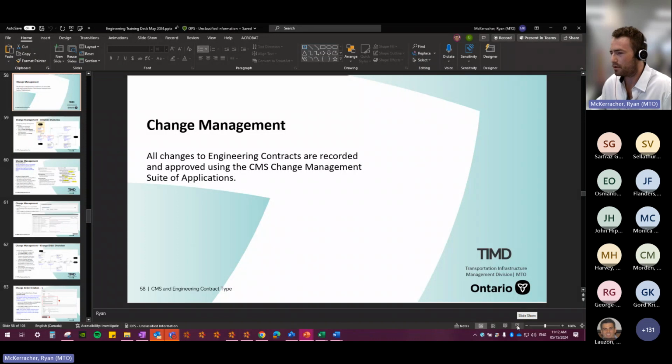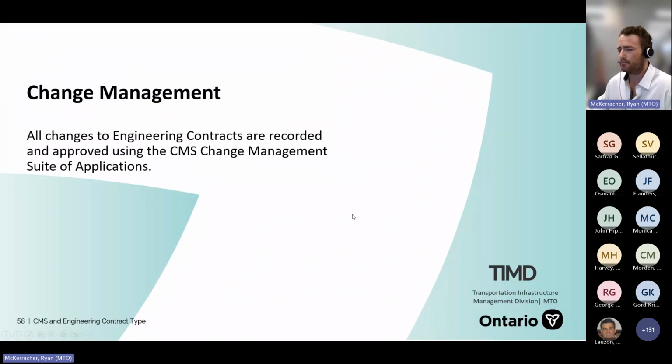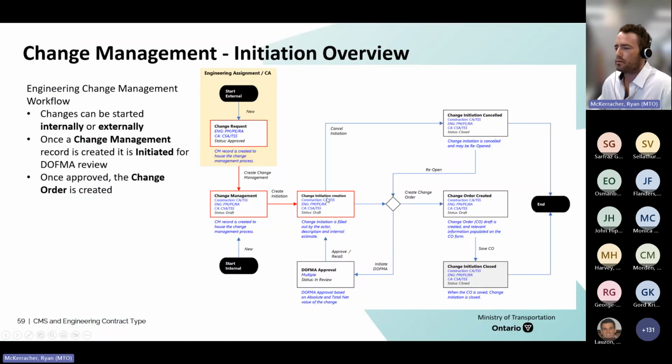So all changes to engineering contracts are recorded and approved using the CMS change management suite of applications. So it starts with initiation. We call it change initiation. Well, actually, it starts in change management, which is a shell. Changes can come either internally or externally. So they can come through an internally initiated change.